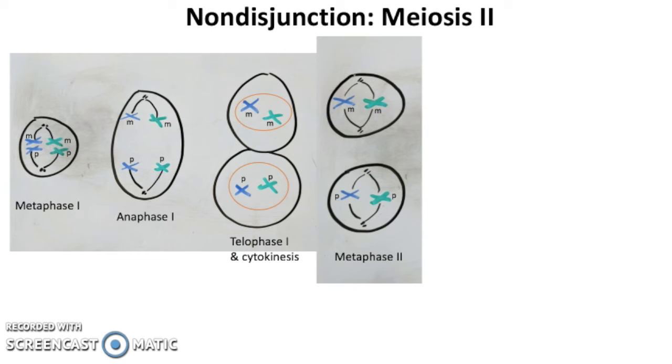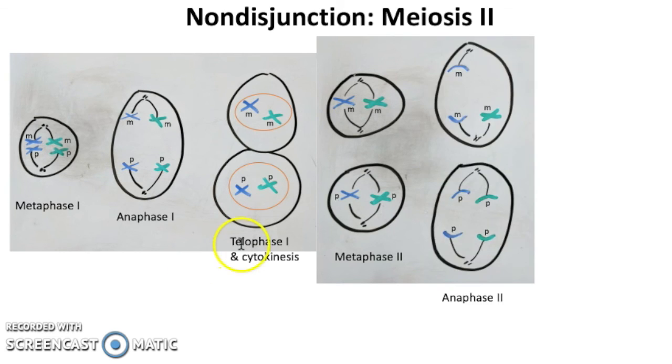Okay, so during metaphase 2 of meiosis 2, our chromosomes line up at the metaphase plate, right along here for this cell, and right along here. And the spindle fibers will attach on, and this time the sister chromatids are going to separate during anaphase. So they pull them apart, but this is where our non-disjunction takes place. So in this bottom cell here, I'm showing it working out just fine.